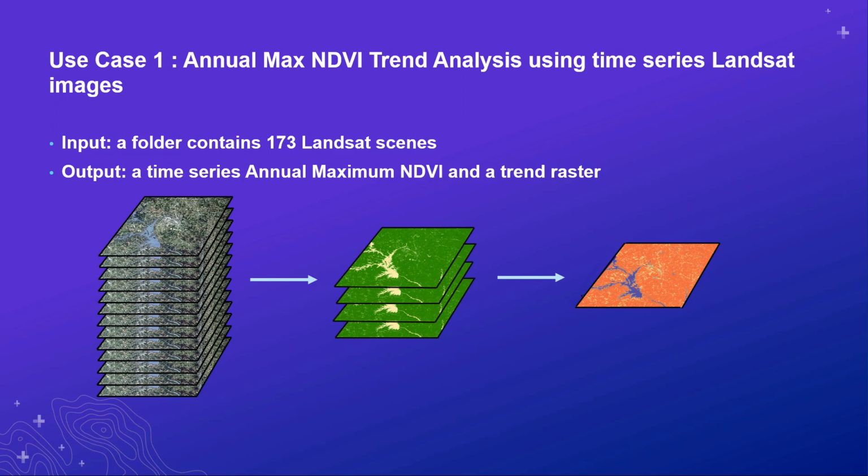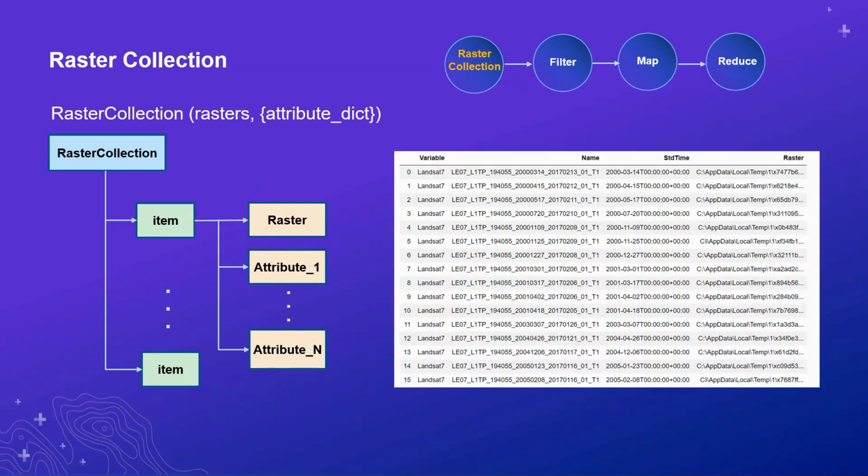So the first step is to create a raster collection. A raster collection is a class that defines a collection of rasters for processing. It is defined by a list of rasters and their attributes, which is a dictionary of key and value pairs. We call a raster plus its attributes an item.